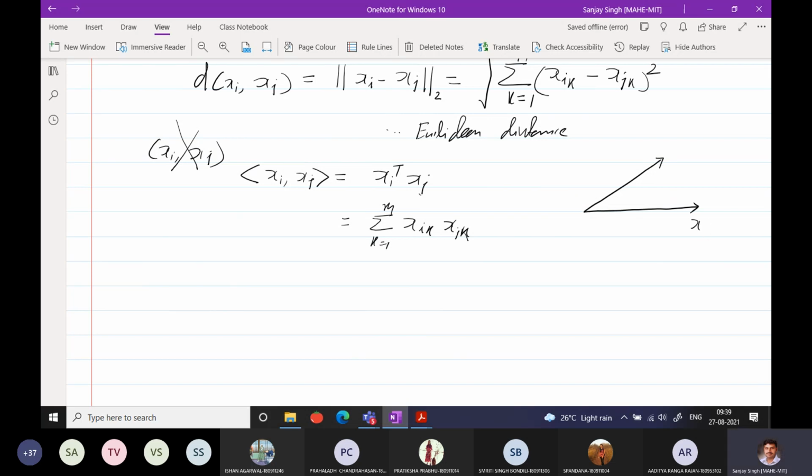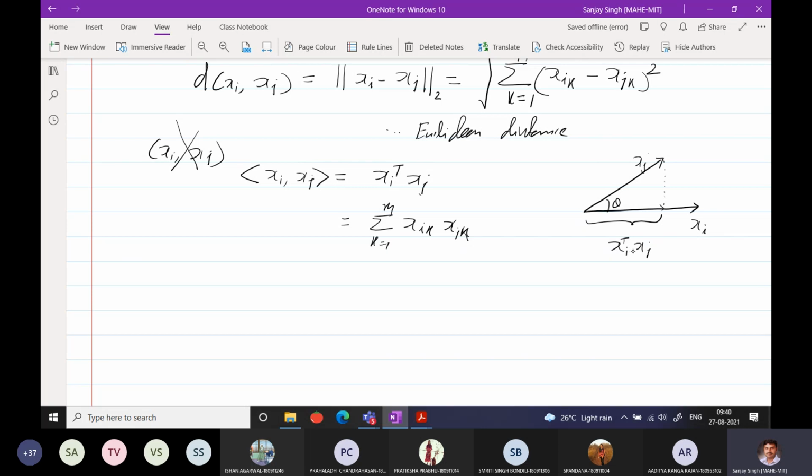If this is xi, this is xj, and this is the angle theta, effectively this point is nothing but the projection of xj on xi, right? So whatever you compute is nothing but xi transpose xj.